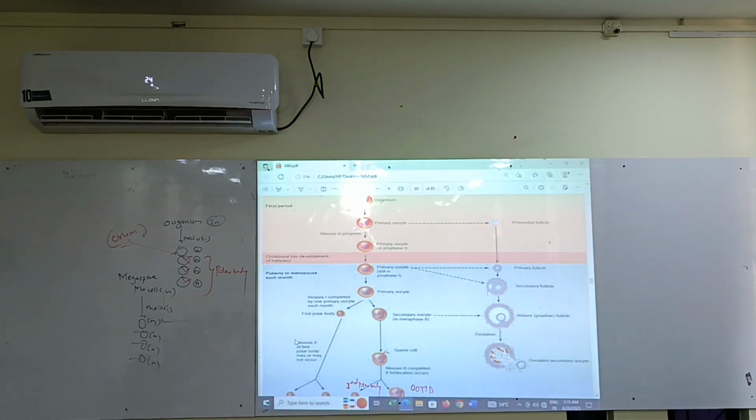So when is oogenesis initiated, children? During the fetal life. And usually at fetal life, how many oogonia does a female child have? They have written over there.